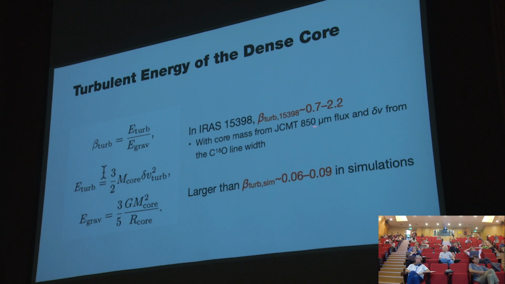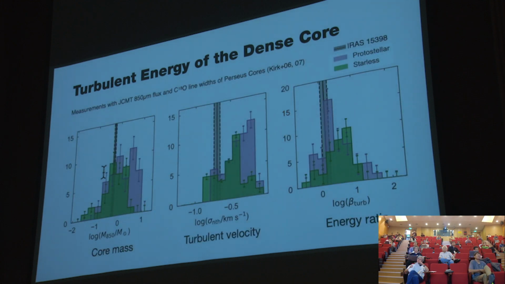The main uncertainty here is the assumed temperature used to derive the core mass. But anyway, these numbers are much higher than the numbers used in simulations which report time variation of disk orientation. So the turbulence scenario could also be possible in this system.